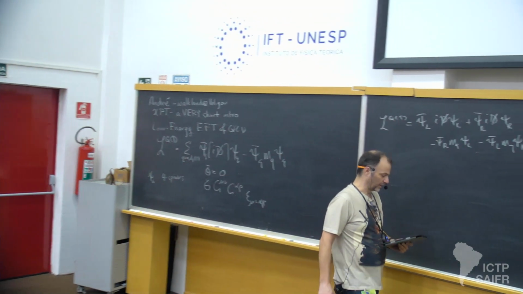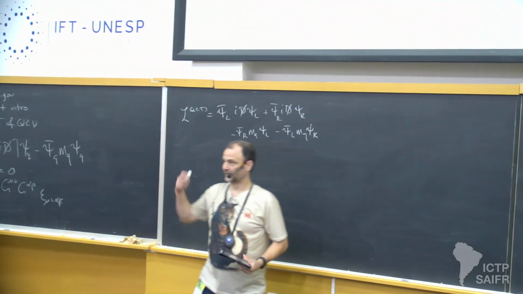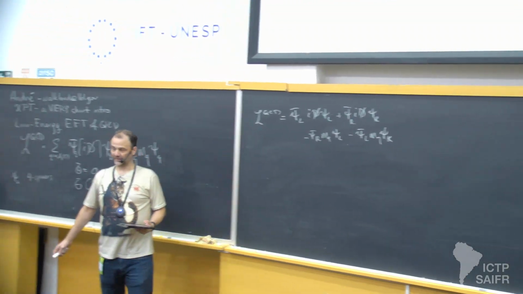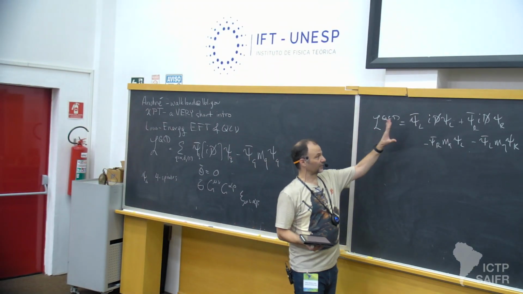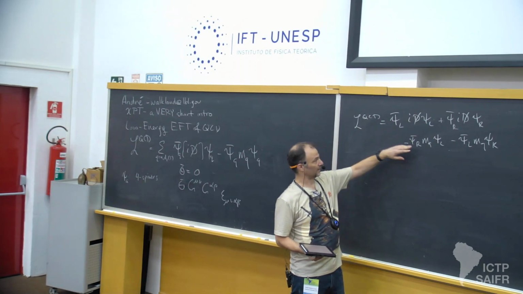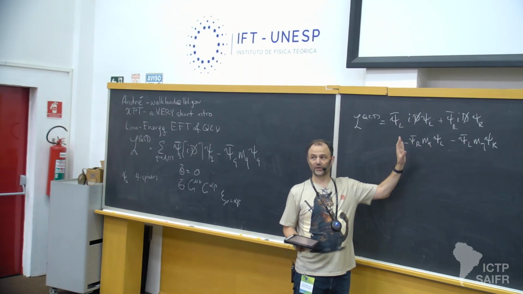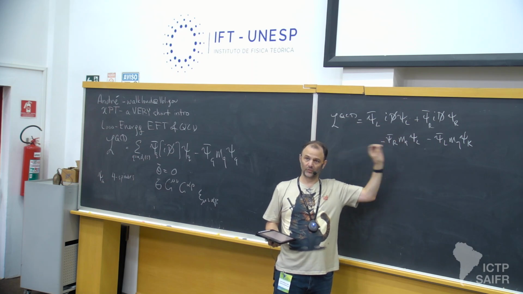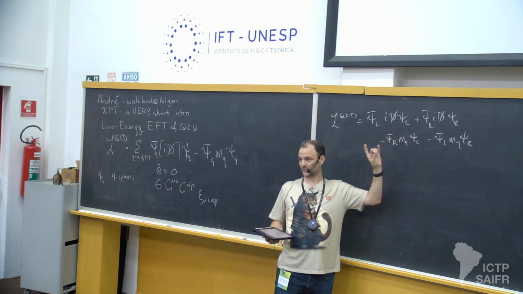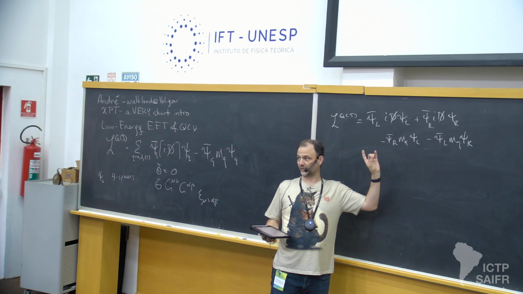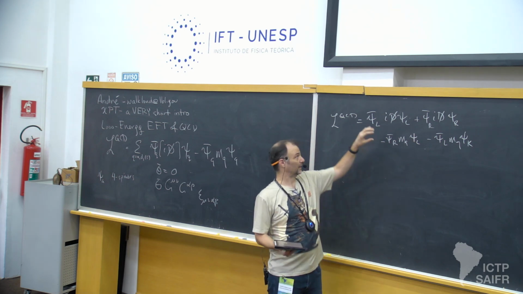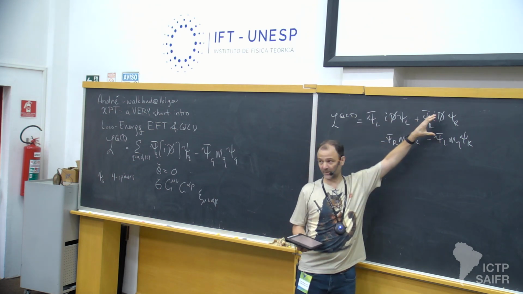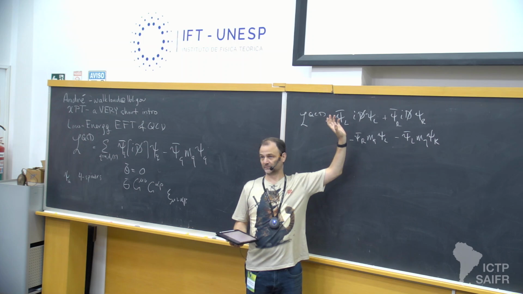So another very important concept to get in your head is in this Lagrangian, the operator that has the quark mass in it is the only operator in the theory that breaks chiral symmetry. Right? The kinetic term, the dynamics of QCD do not break chiral symmetry.